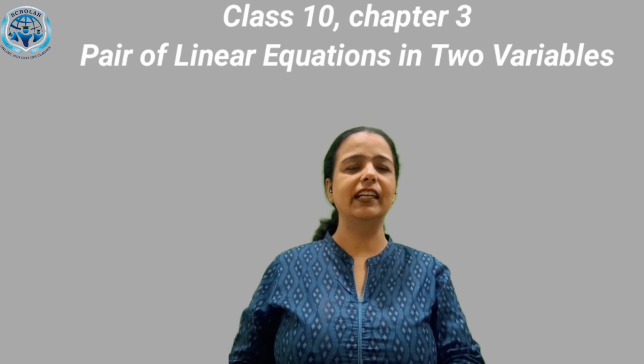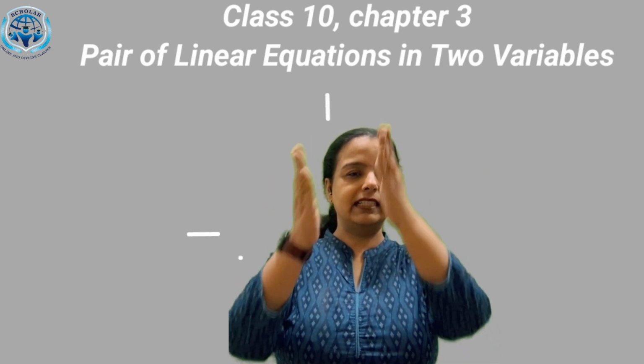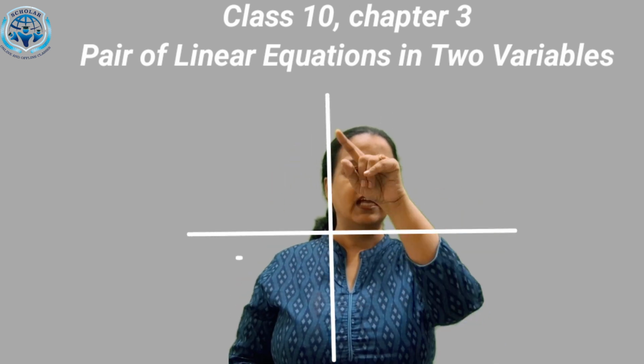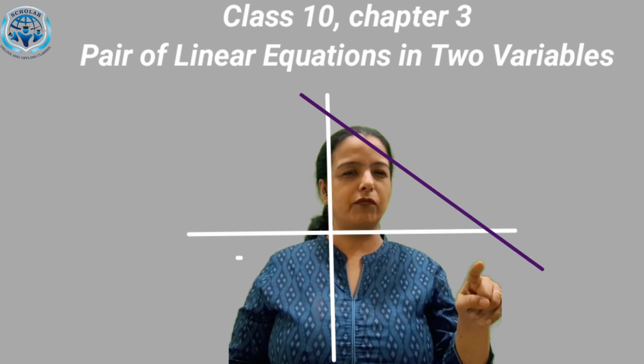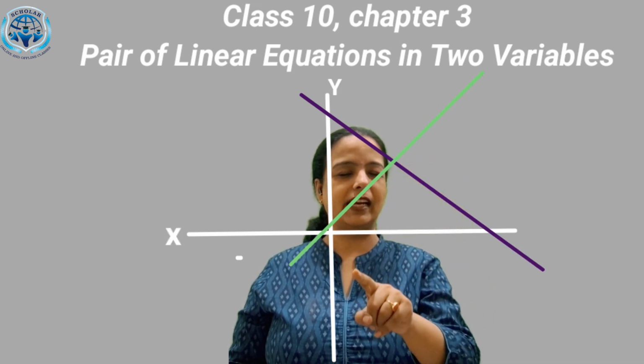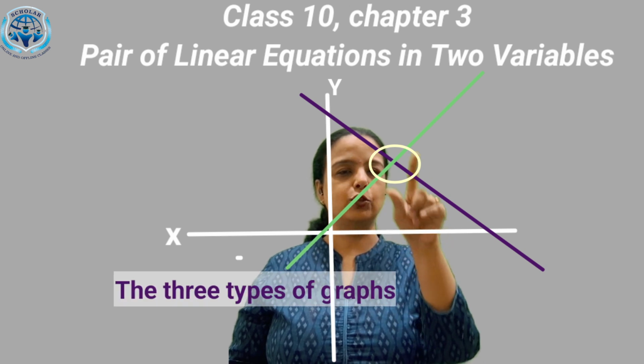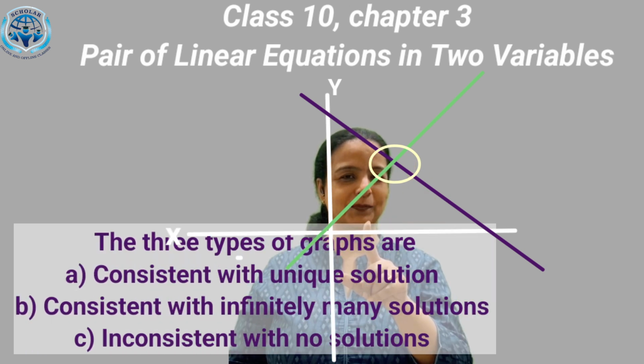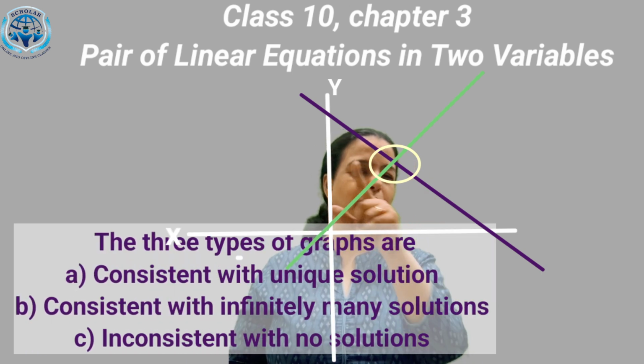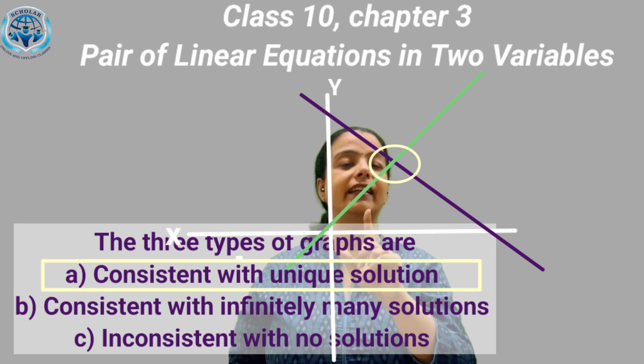Understood? This is a graph and this is a line of one equation, this is the line of the second equation, and this is the intersecting point. So these two lines are intersecting lines, and this is the unique solution of two intersecting lines.